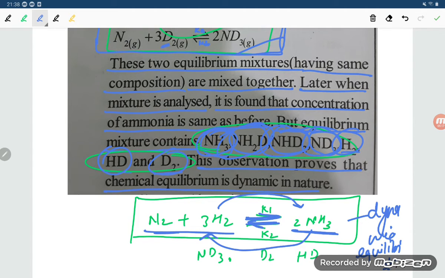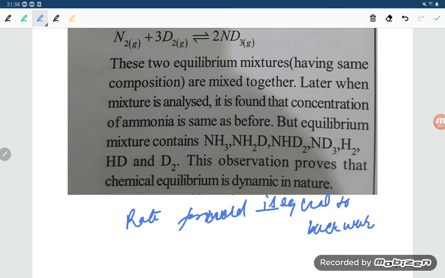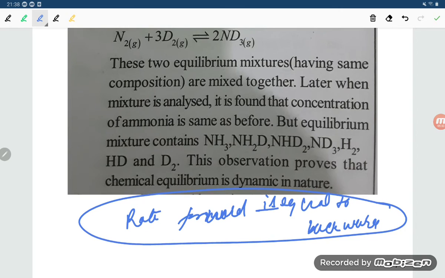Because we know the rate of forward is equal to the rate of backward. Because forward and backward are the same, N2 plus 3H2 giving rise to NH3 is the same.